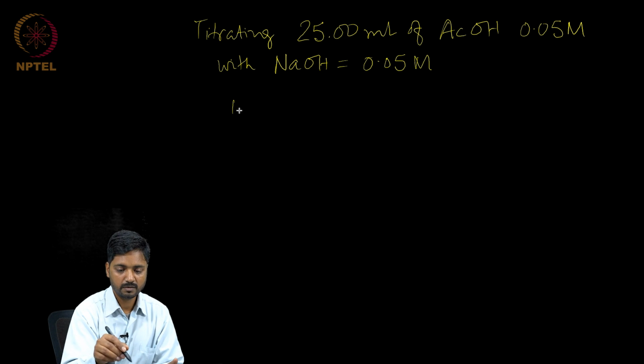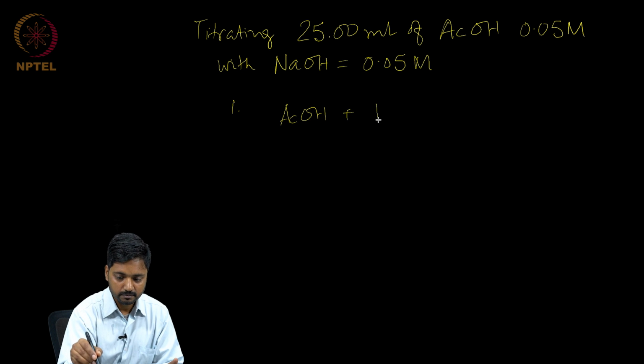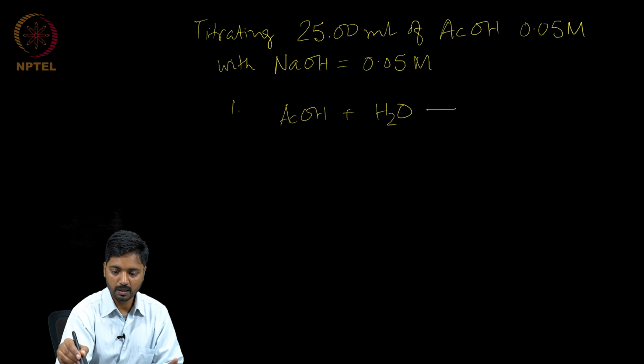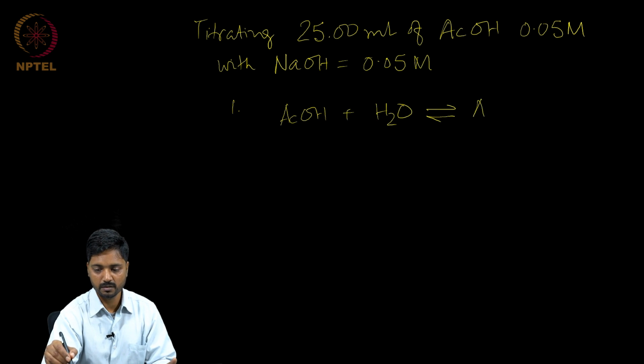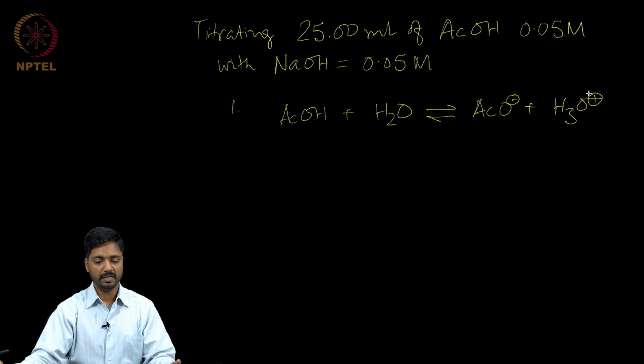The first one is the acetic acid undergoing dissociation into the acetate anion and releasing the hydronium ion.